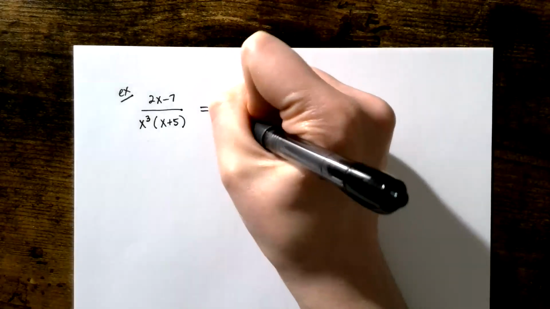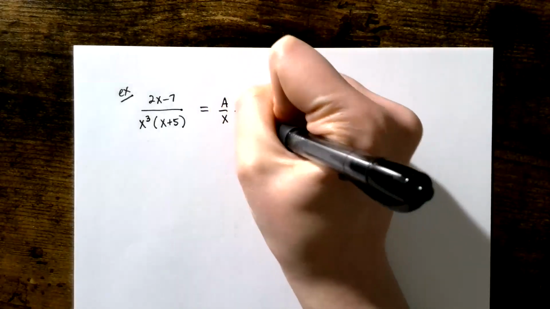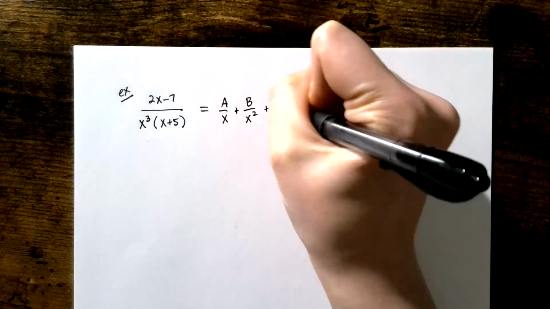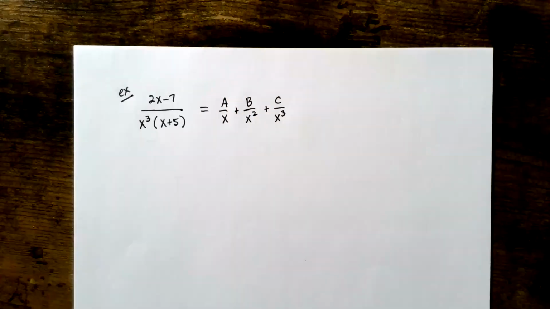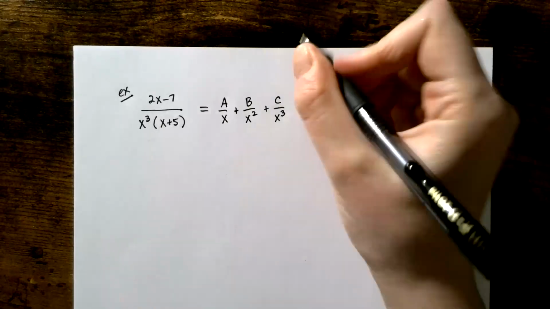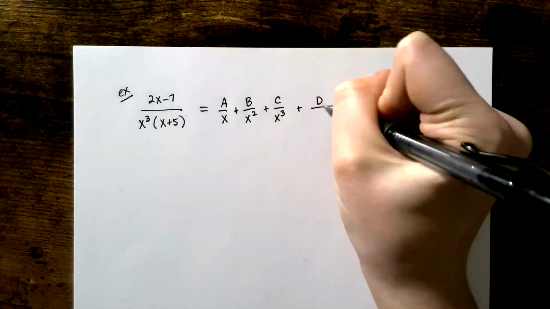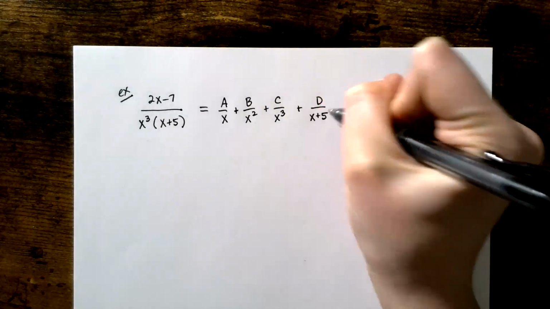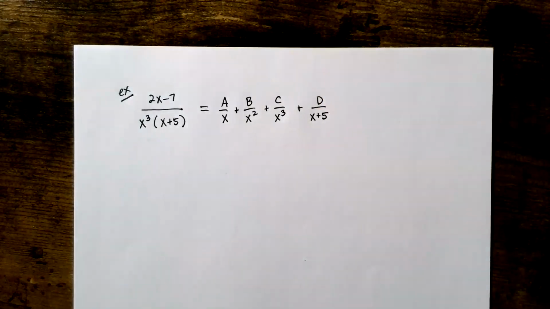So we could have something over x, something over x squared, something over x cubed. So all these are just for the x cubed. And then x plus 5 has its own fraction here. So in this one, we're not going to totally solve it out, but when you do, or if you do, you're solving for A, B, C, and D.